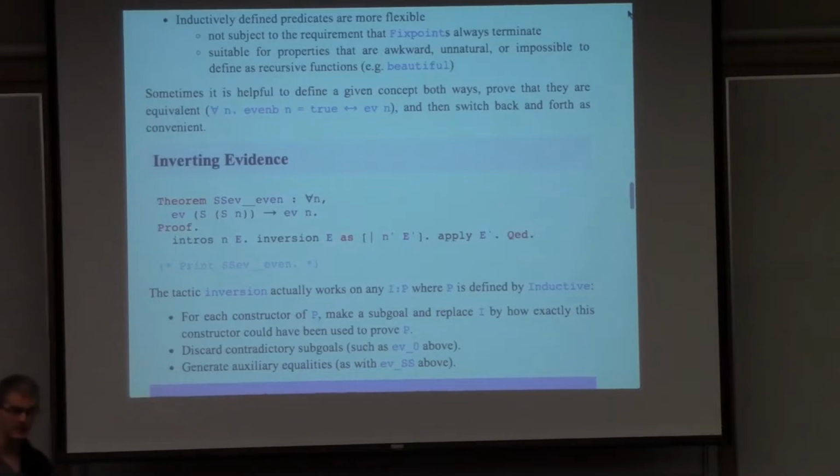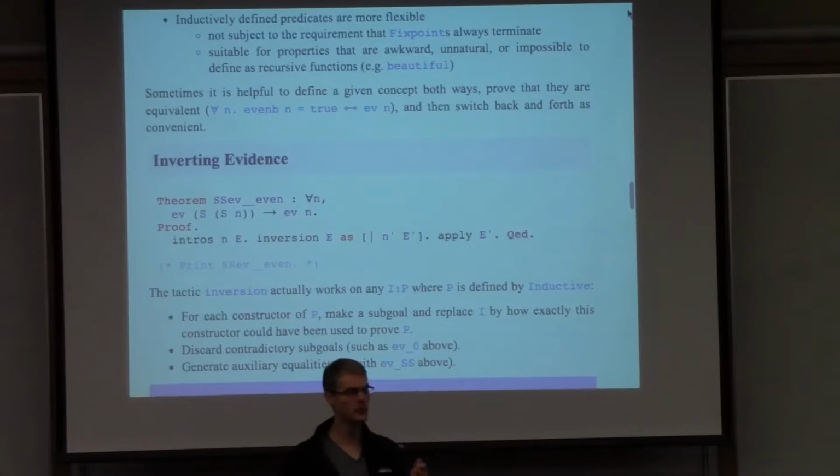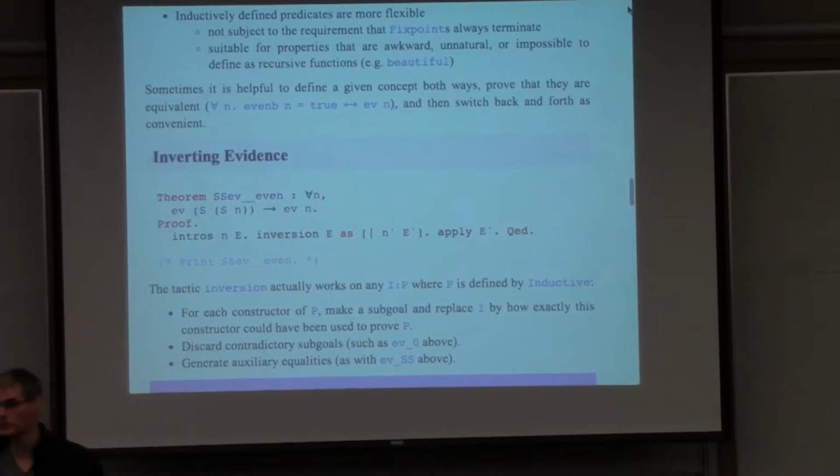And the inversion tactic is named that way because it's doing effectively the same thing. We saw it first for use only with equality statements, but actually it does something much more general.